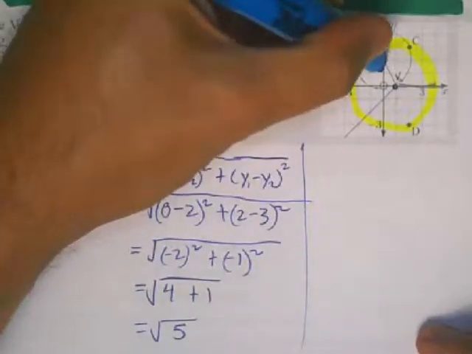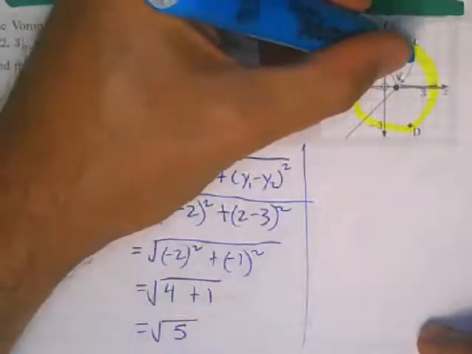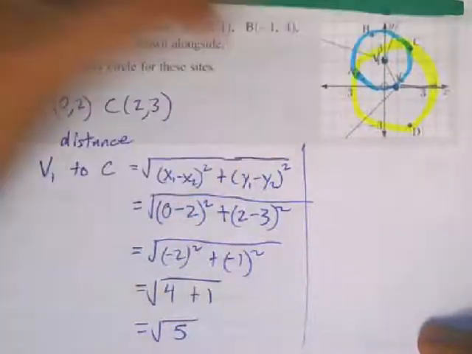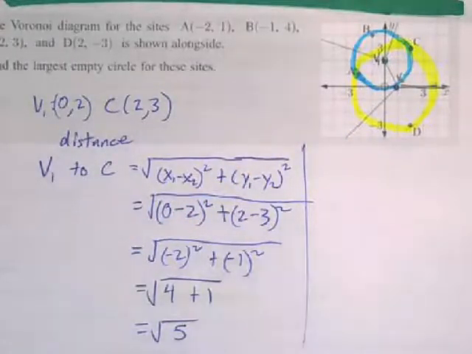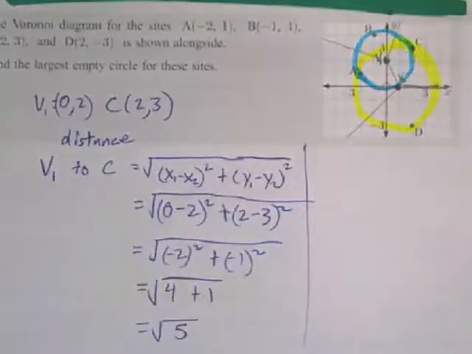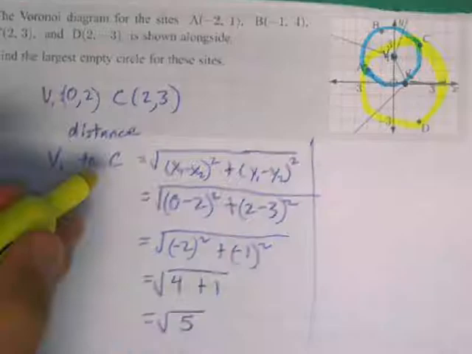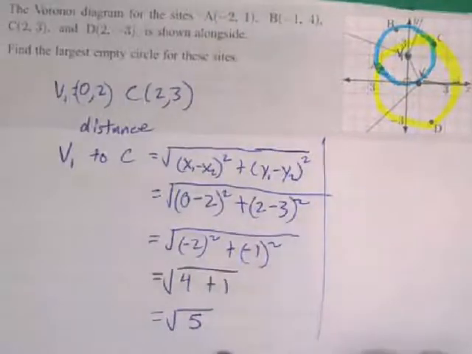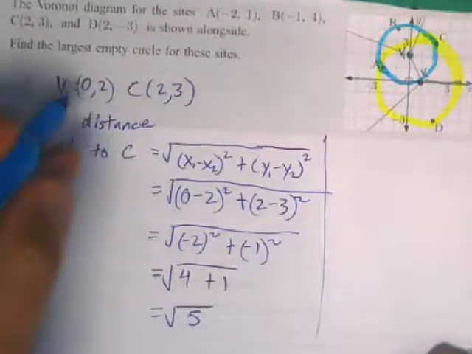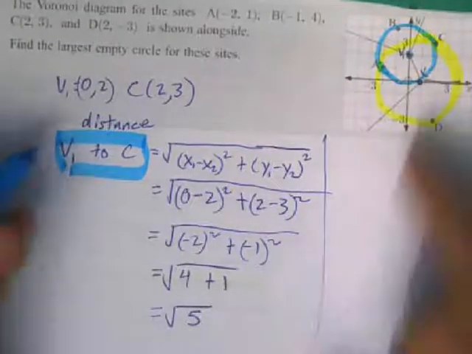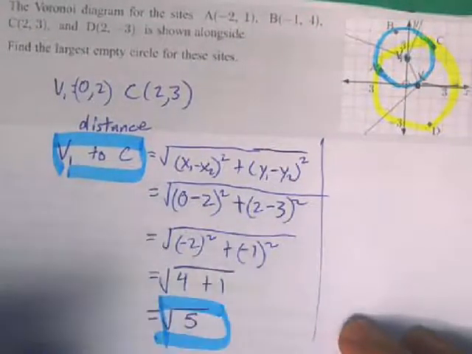And from this vertex, it went through A, B, and C. Well, visually, you can even see that the yellow circle is bigger. But let's use the distance formula to prove it. I'm going to highlight just so we're clear. The distance from V1 to C is the blue circle, and we got square root of 5.